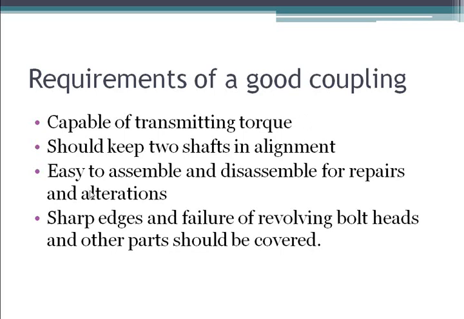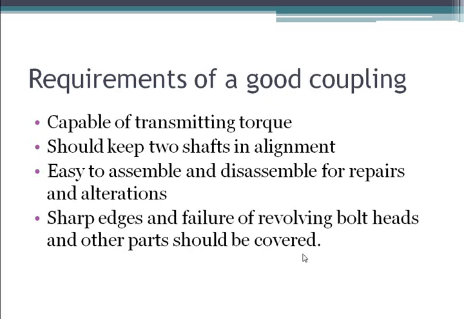Next, it should be easy to assemble and disassemble for repairs and alterations. A good coupling should be easy to assemble and disassemble if there are any repairs or changes we need to make. Next, sharp edges and failure of revolving bolts, heads and other parts should be covered.